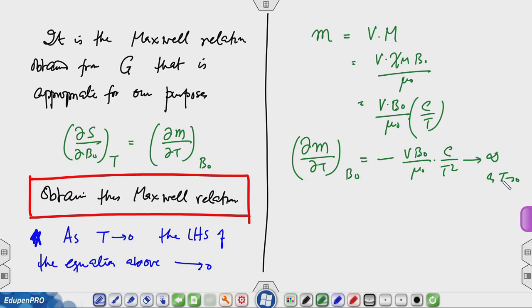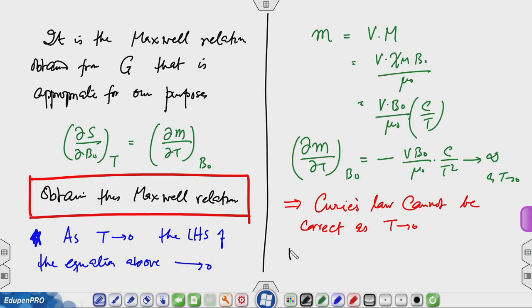So, left hand side and right hand side do not match, and this implies, because of the third law, which gives you left hand side being 0, Curie's law cannot be correct as T tends to 0. And there is a physical reason for it. The physical reason is that Curie's law is derived by assuming that all dipoles are independent.